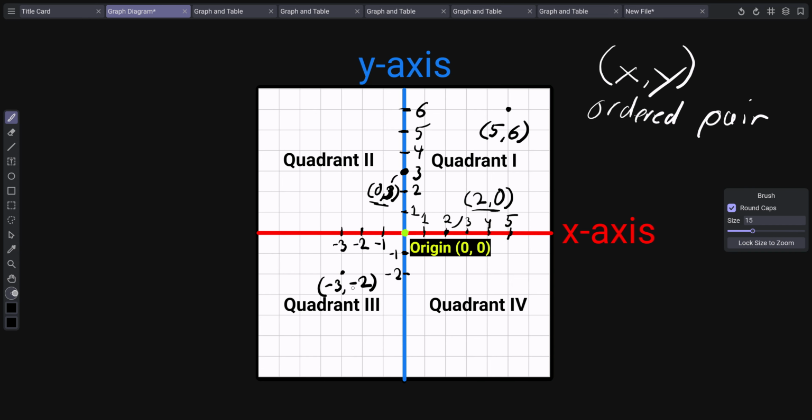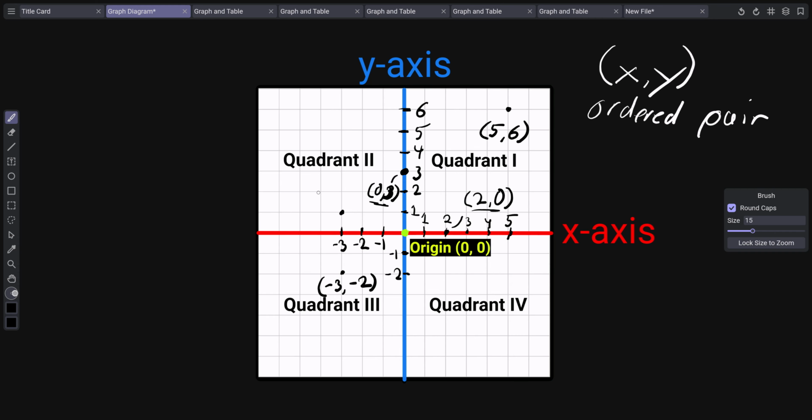And then it also can get confusing because sometimes you have to use both negative and positive numbers in your ordered pair. So here, because we were in quadrant 3, they were both negative. But let's say if we went 3 steps to the left, so we stopped here again at -3, and then we went 1 step up, so we went here.